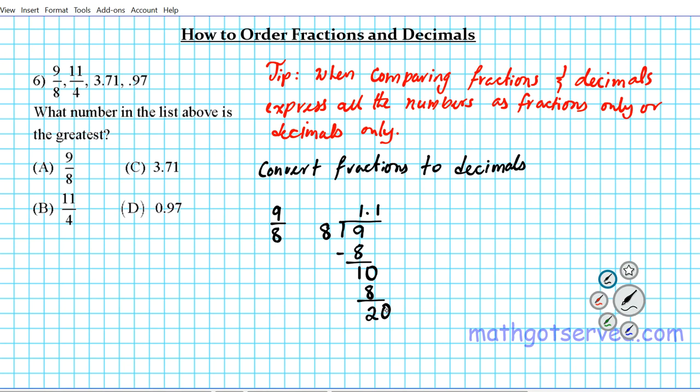How many times does 8 go into 20? 8 goes into 20 twice. 2 times 8, 16. Subtract, 4. Add a 0. How many times does 8 go into 40? 5 times. 5 times 8, 40. All right, so 9 over 8 is equivalent to 1.125. All right, let's move on.